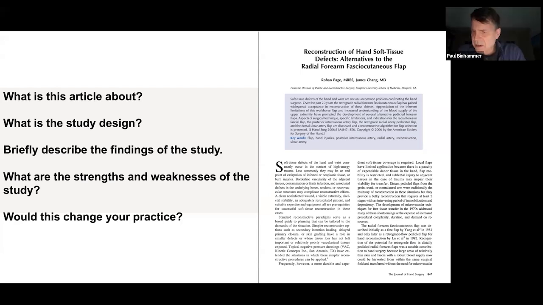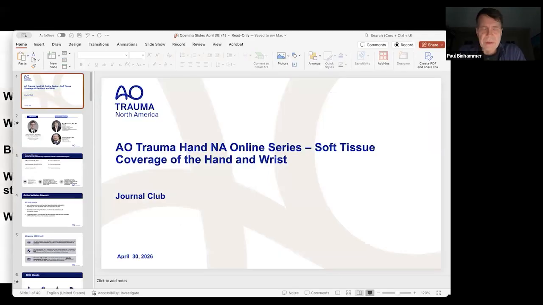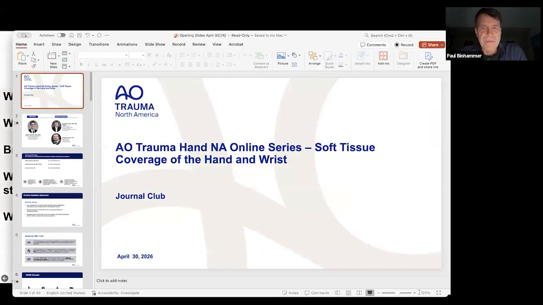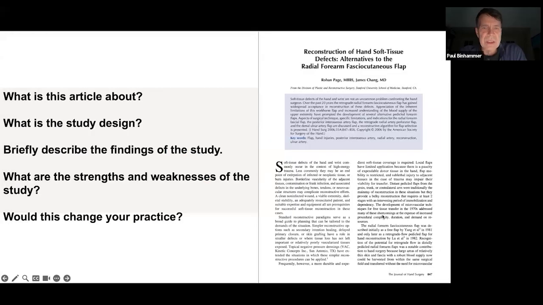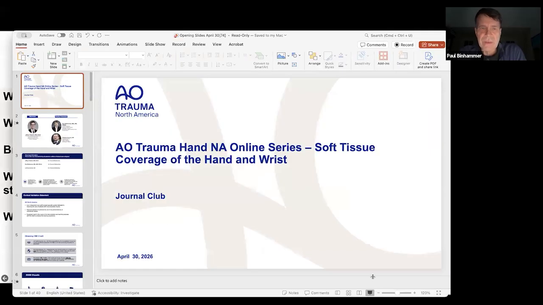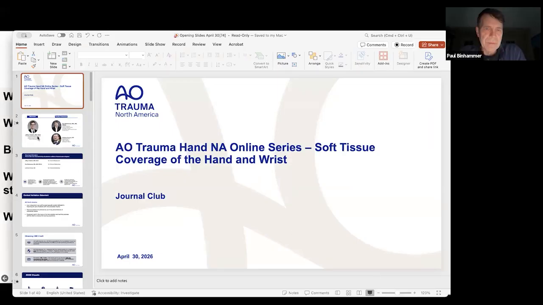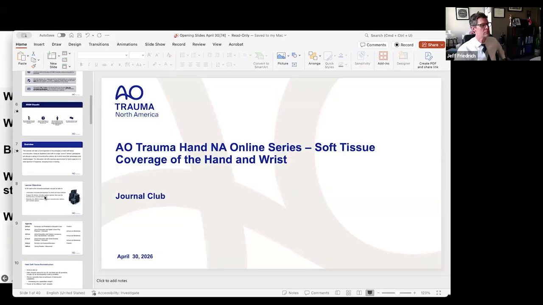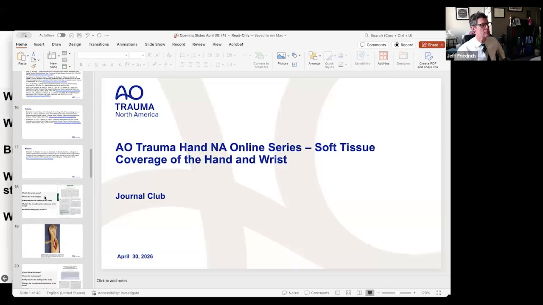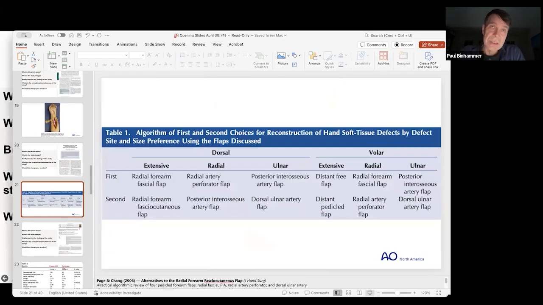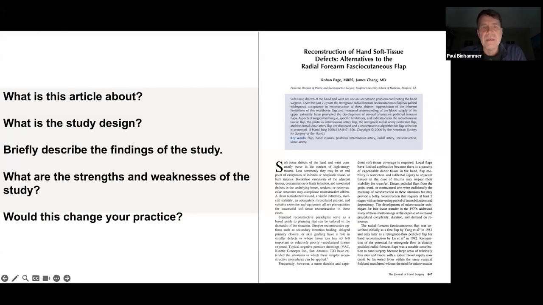I think this is the article that talks about retrograde issues, like the inclusion of a vein and how you have to make decisions about including or not including the vein. So this is really a good article about the radial artery perforator flap, the posterior interosseous flap, and the Becker or dorsal ulnar flap.